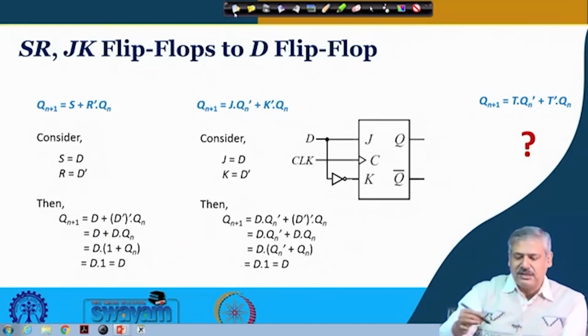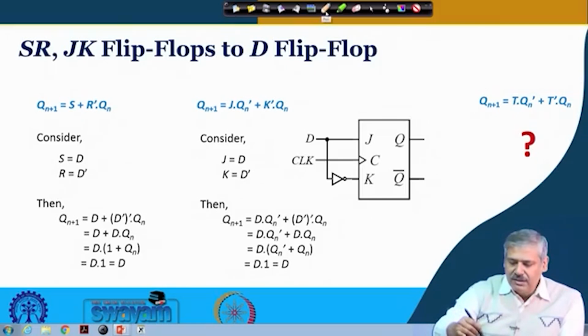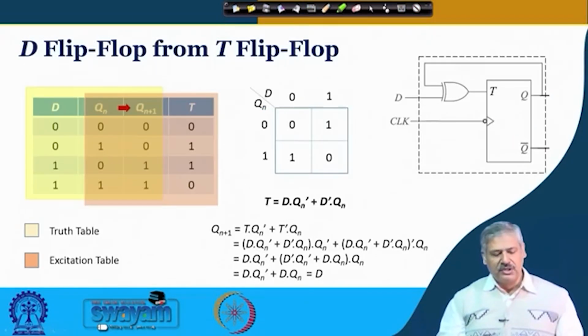So, let us look at this problem of getting a D flip flop out of T through a synthesis of logic circuit example, not going through an algebraic manipulation process. So, let us see how we can go ahead.